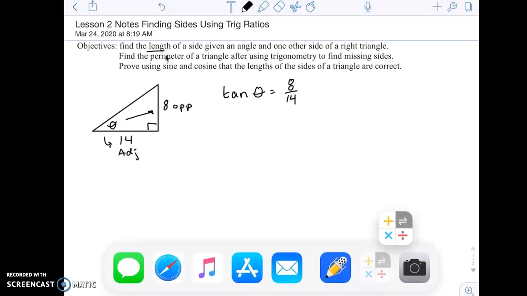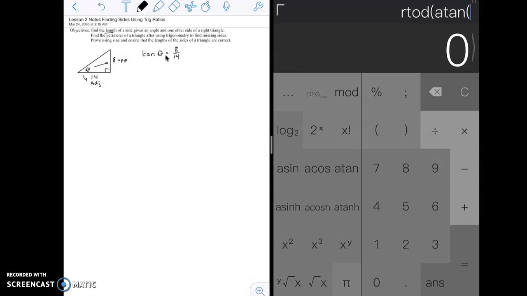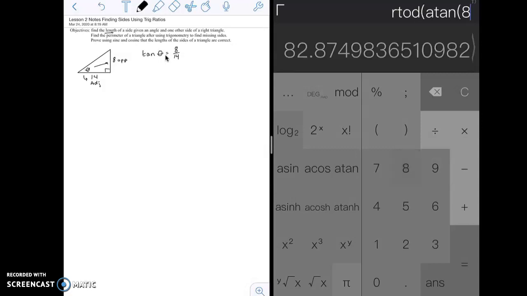Then we would use our handy-dandy calculator. So since I'm working backward, I want to make sure that I'm in the a sine, a cosine, a tangent part of my calculator. I'm going to click on a tan, and I can type in exactly what I have, 8 divided by 14.